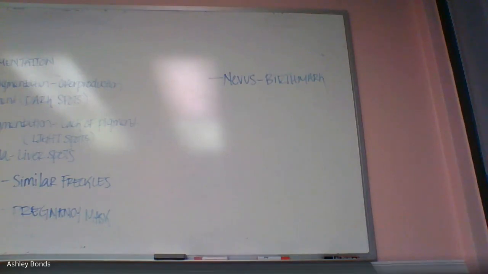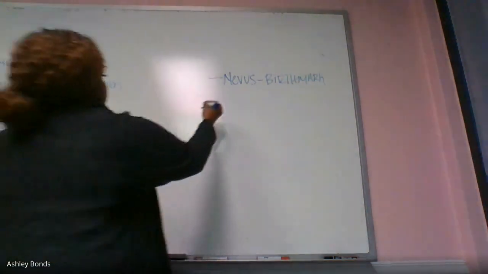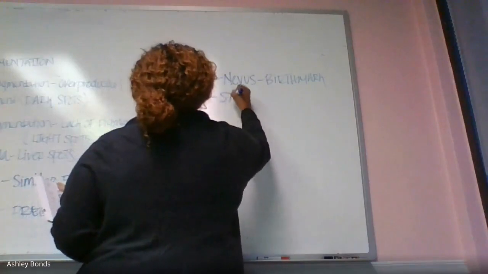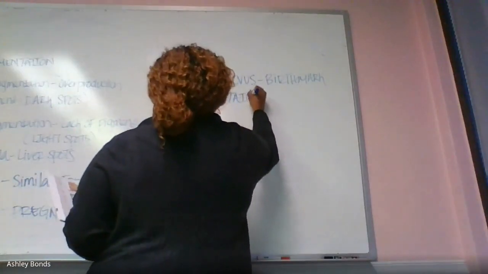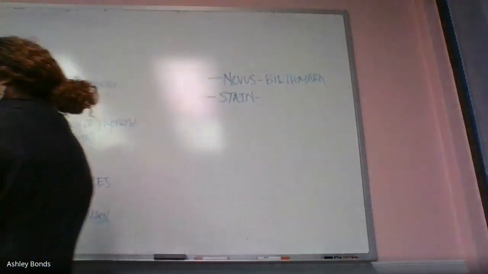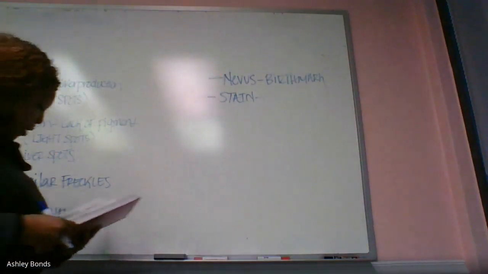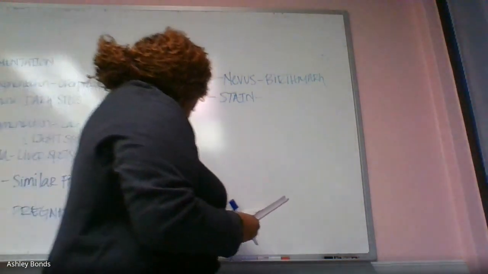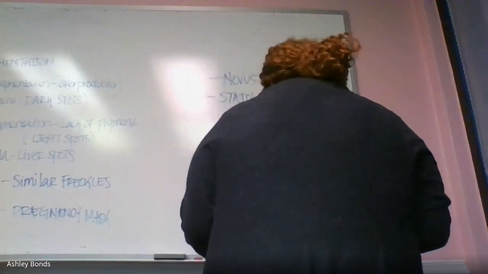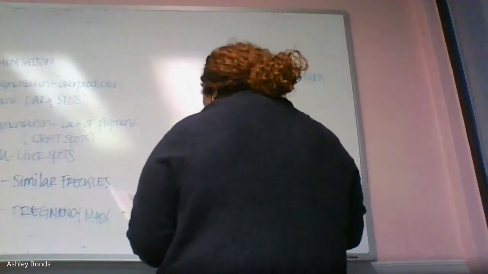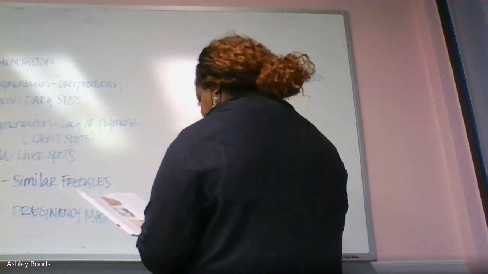What's a stain? Brown or wine color discoloration with a circular or irregular shape. A port wine stain is a birthmark, which is a vascular type of nevus. Stains may also occur after certain diseases.